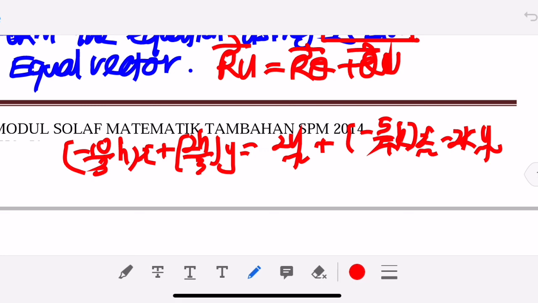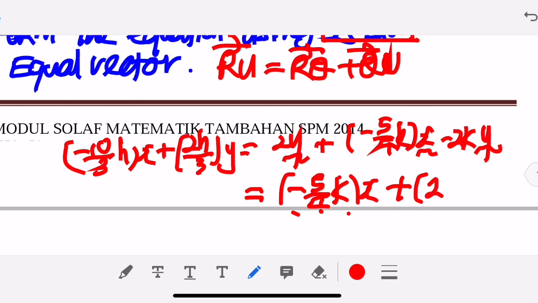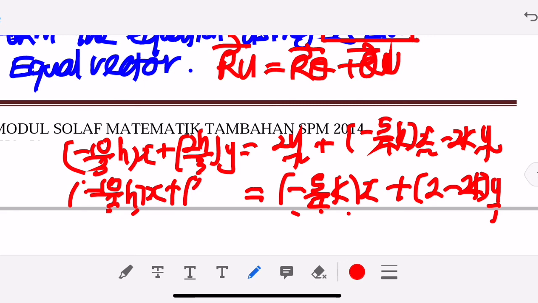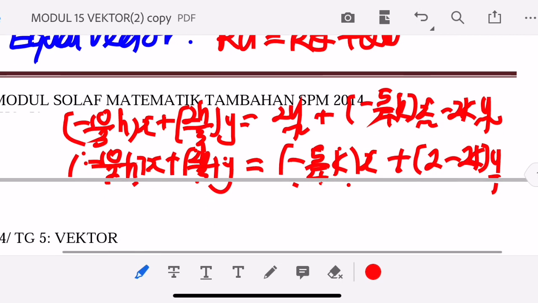Now is the time to simplify the right hand side, negative 5 over 4 kx. Then for the y, we just factorize the y, put aside, so you just plug in 2 minus 2k in the bracket. The left side is fine. We have x and y two terms.